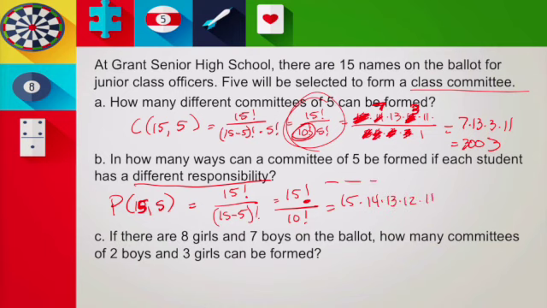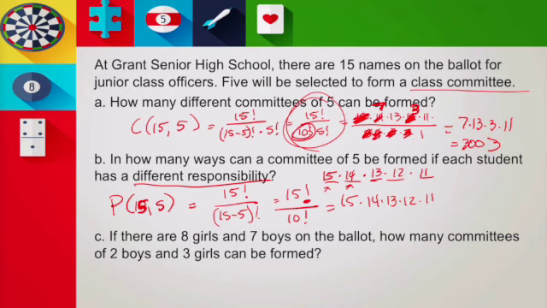Right? 5 spots. You've got 15 options for the first spot. Once you fill that one, you have 14 for the second. Once you fill both of those, you've got 13 options for the third, and 12 and 11.